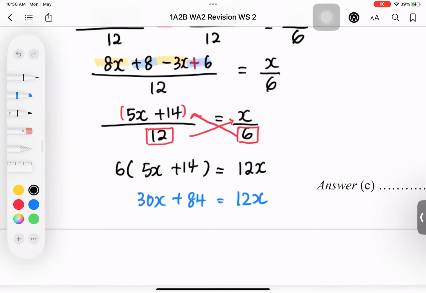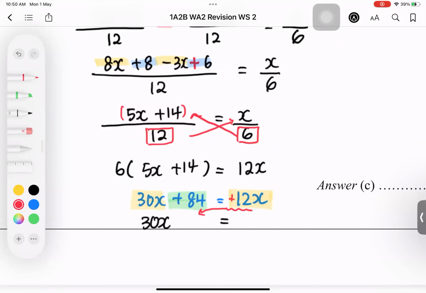Very good. Okay, now we need to shift all the x together. This is all the x, then this is all the numbers. So this is 30x. Who needs to migrate over? Yes, positive 12x, right? Migrate over here. This one is addition.